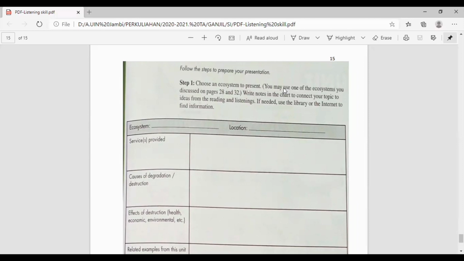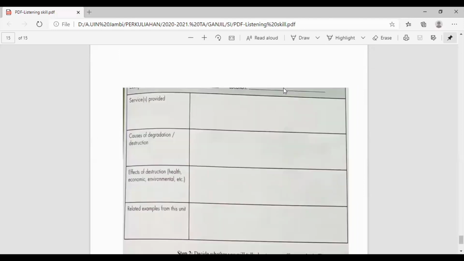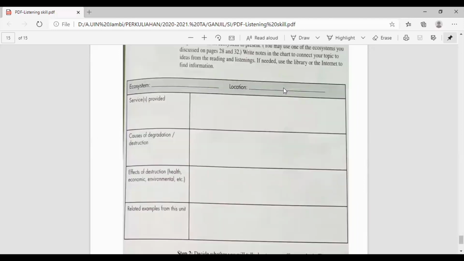If needed, use the library or the internet to find information. So you are free to choose an ecosystem you want to present. It can be maybe something which happened in your village. It's okay, but don't forget to complete the table over here.